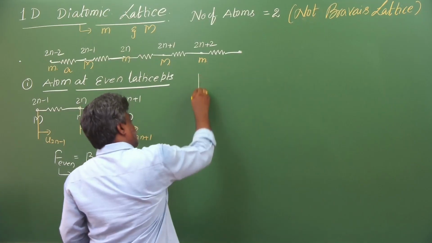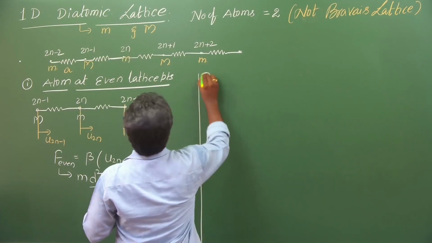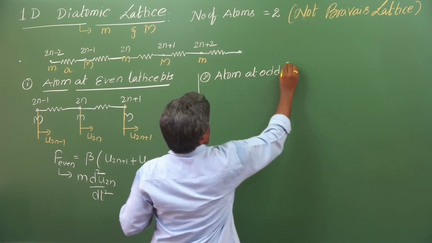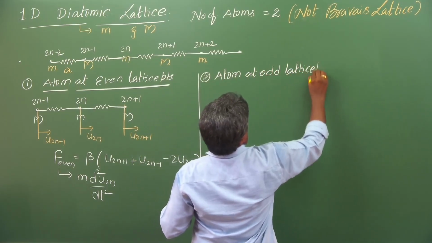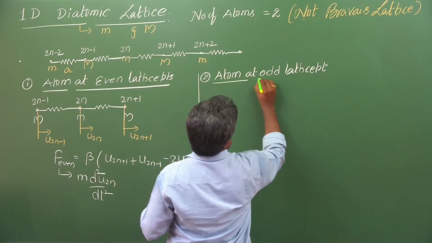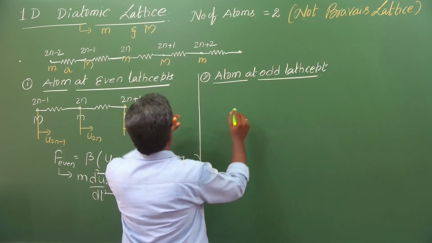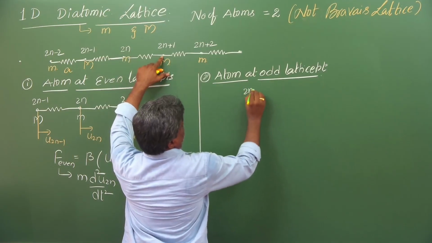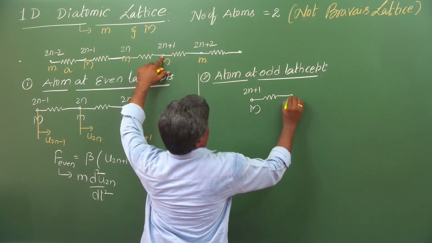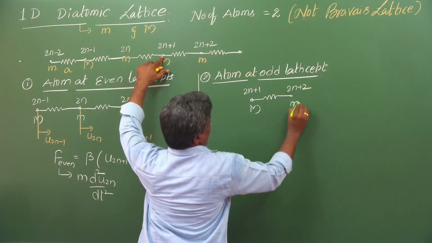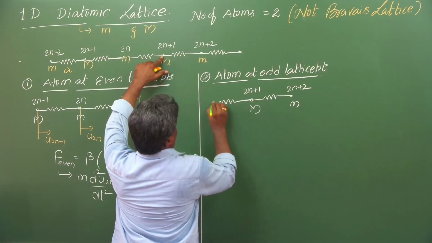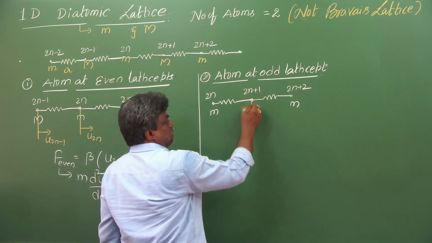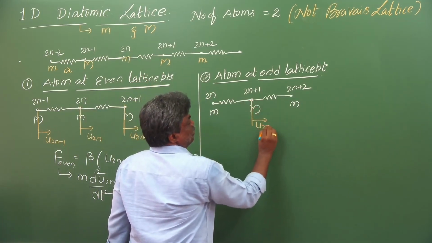No. Next, quite similar to that, I am taking the atom at an odd lattice point. Let us do it fast. So here we have the odd lattice point, capital M. How much is it? 2n plus 1. And this is 2n plus 2, small m. And this is 2n, which is small m. And again I am taking the same displacements. This is u2n plus 1, and u2n plus 2.